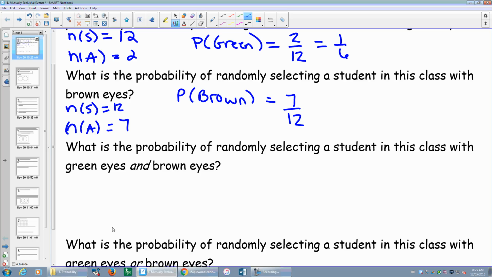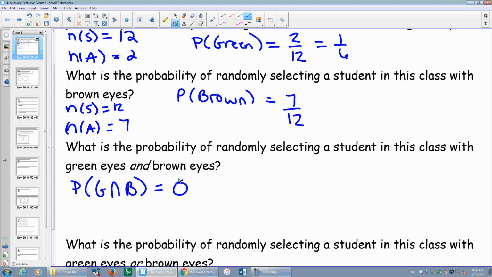Eye color may not be the best example for this, but you can't have green and blue eyes. There are some exceptions where people have 2 different colored eyes, but you can't really classify yourself as having green and brown eyes. So the probability here of green and brown would be equal to 0. You can't have that at one time.